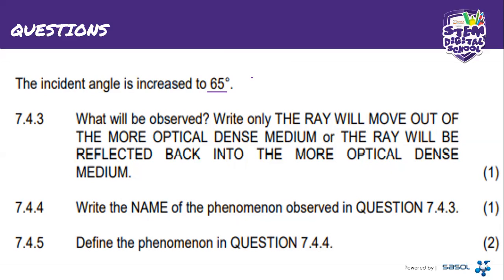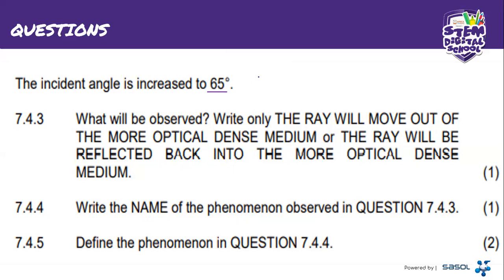The angle of incidence is now greater than the critical angle. Then what is happening with the second condition? You will remember that the second condition is that the light ray must be moving from a more optically dense medium to a less optically dense medium.